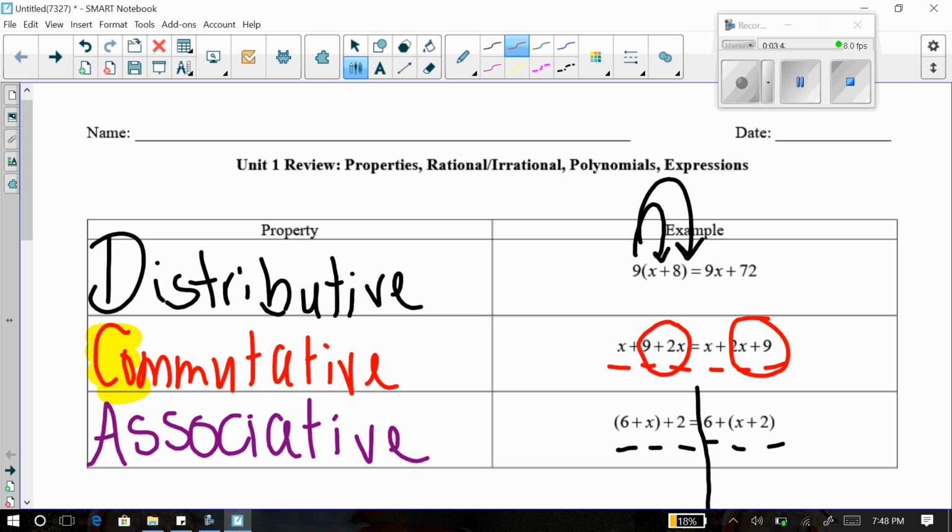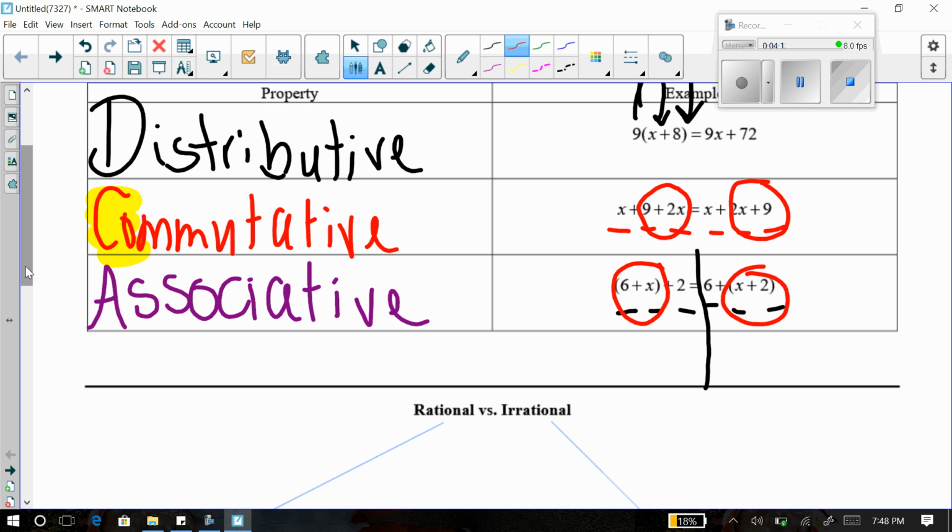First, the 6 and the x were hanging out in this set of parentheses. And then the x decided to go hang out with 2. So the x changed who it is associated with. The order did not change. These three are three of the big properties that you have to know. They're not all of them. We will review other properties, but right now these are the three big ones that I want you to know.